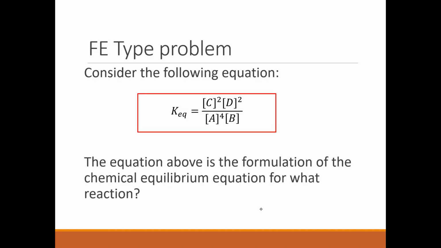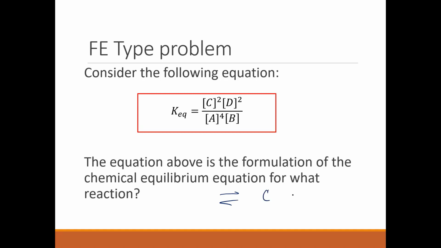So considering this equation, the reaction above is the formulation of what equilibrium reaction? Our products are what? Write it in the chat. What are the products? Or what are the reactants? Remember, it's products over reactants.